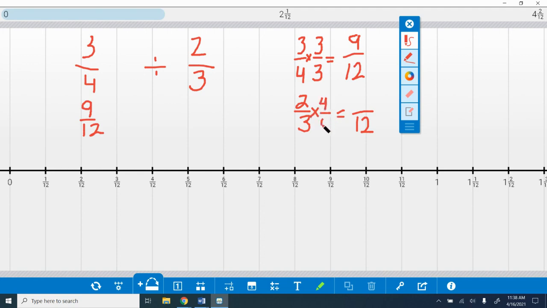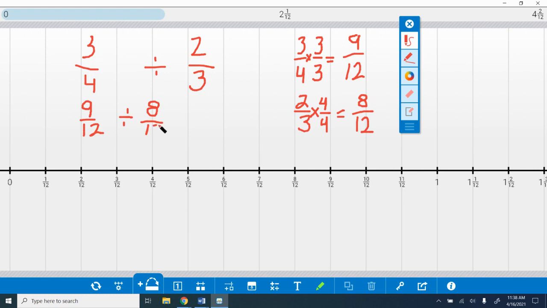We're not going to change the value of the fraction. We're just going to write an equivalent fraction. 3 times 4 is 12. 2 times 4 is 8. So now we have our problem written with common denominators, 9/12 divided by 8/12.